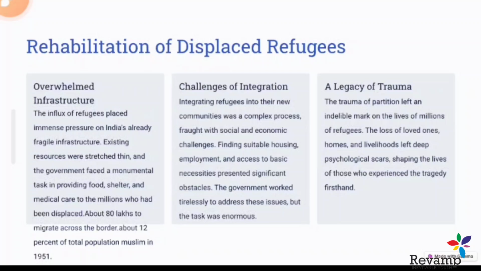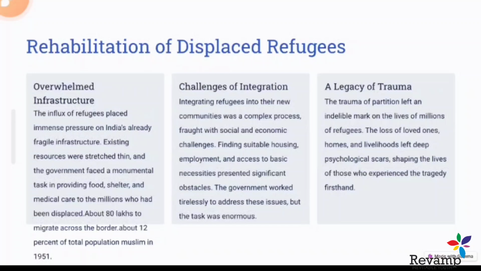One interesting fact is that in 1951, 12% of the Muslim population remained in the country. It was also a challenge how we would integrate such a population, and how we would not let communal violence happen against them, so that this communal issue would not affect the majority of the Indian population.